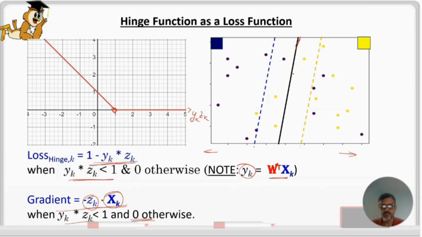What the hinge function is telling you is that if a blue dot is to the right of this blue line, you start imposing a penalty on it. Similarly, if a yellow dot is to the left of this yellow line, you start imposing a penalty on it.